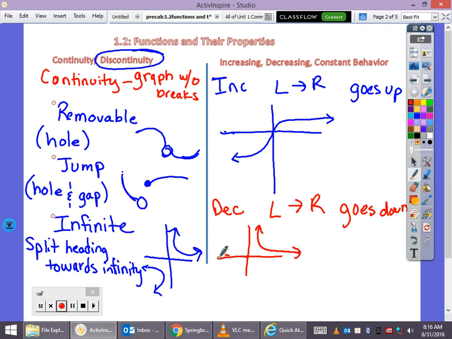But if you look at last night's homework, the last graph, it was decreasing in both sections. Okay? And constant, what's constant? Neither goes up or down, it stays flat. Okay? So that would look something like this. Good. All right, I'm going to pause for a second while you copy.